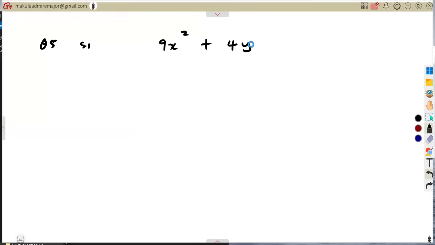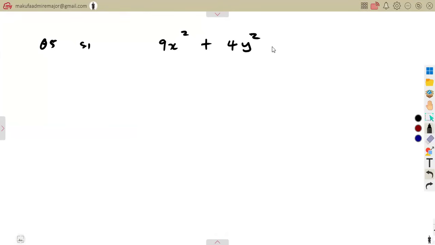Remember, you have two different numbers there. This is 9x squared, 4y squared. These two numbers, the 9 and the 4, are not the same.